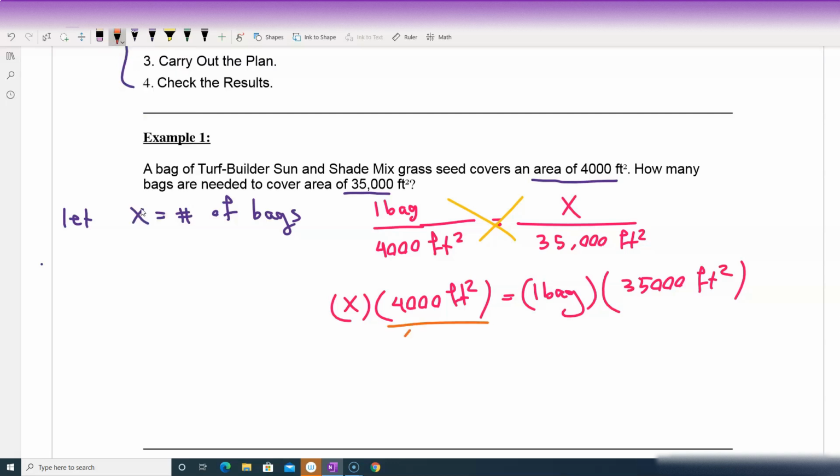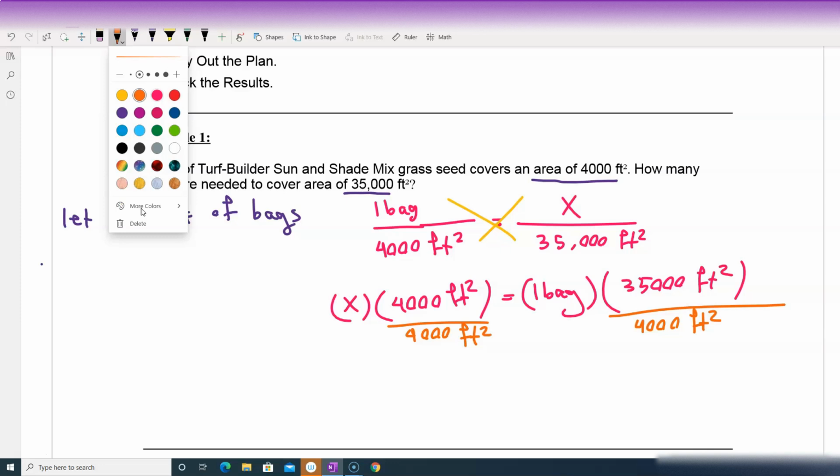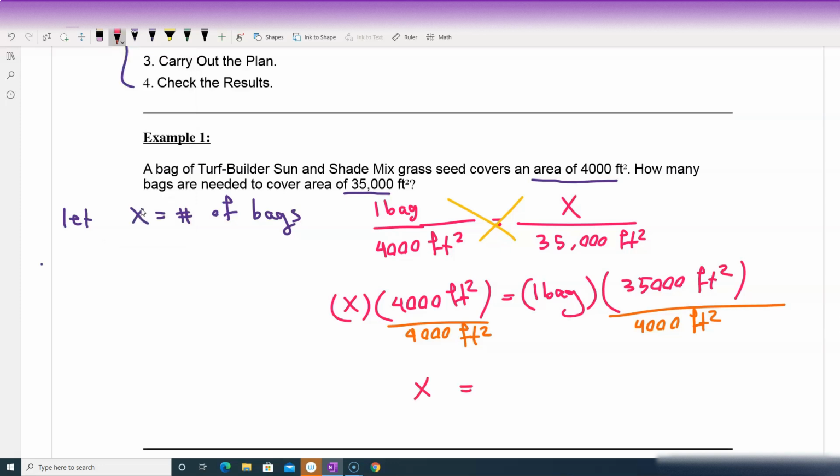So x is equal to 1 bag times 35,000 divided by 4,000, which is 8.75, and feet square divided by feet square clears, what's left is 1 bag. So x, the number of bags, is equal to 8.75 bags.